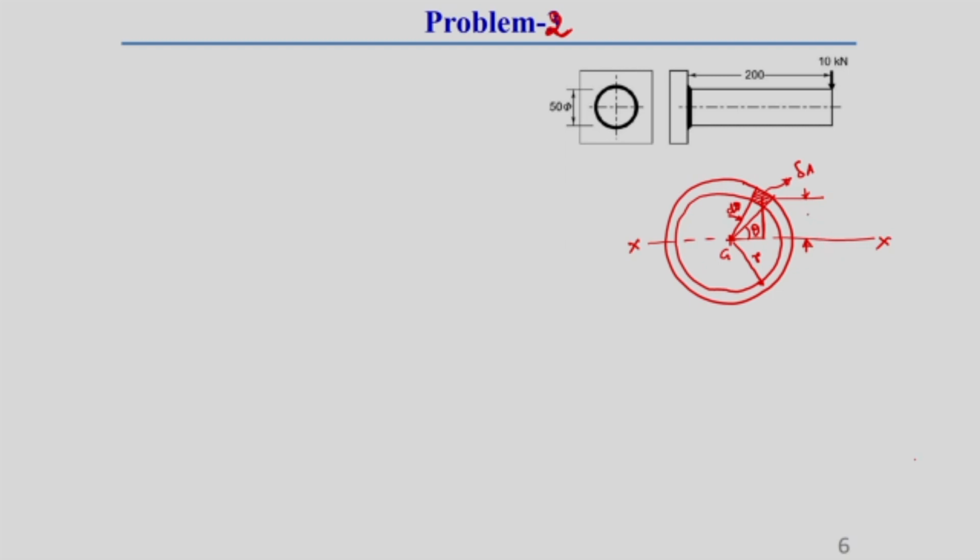Let this distance be y1. Okay. So, y1 we can easily find out. What will be y1? Because this radius r is given, this r is actually d by 2. So, this y1 will be r sin theta. What I am telling, understand? You should keep this in mind.